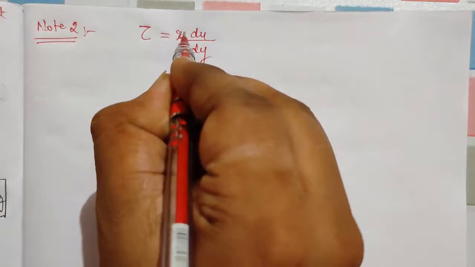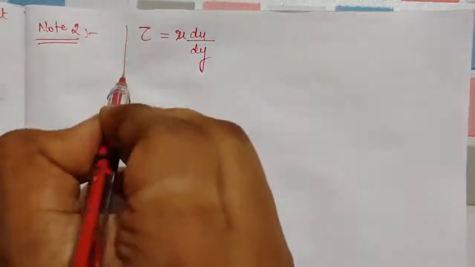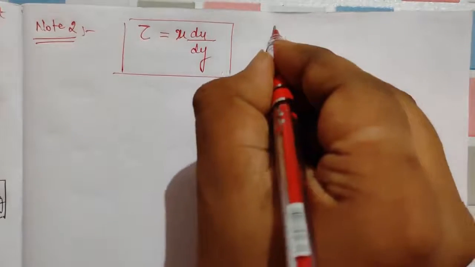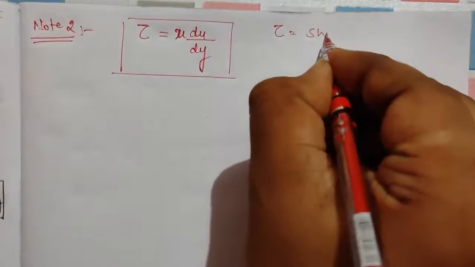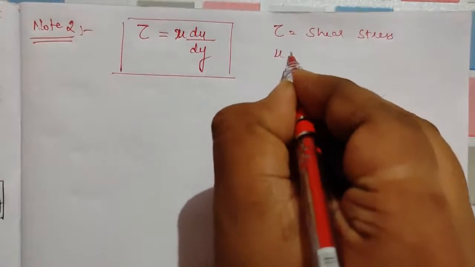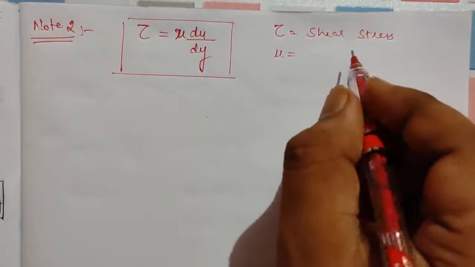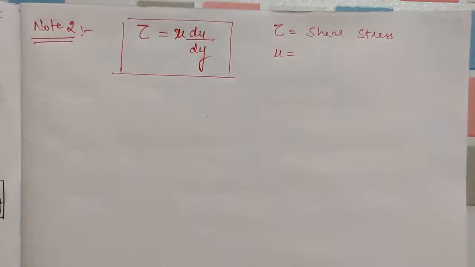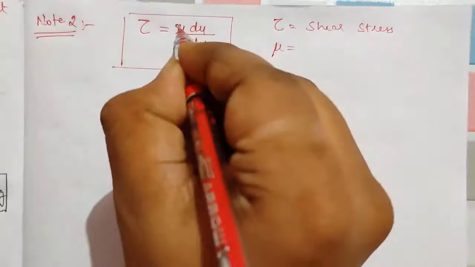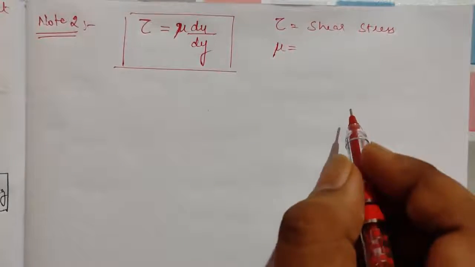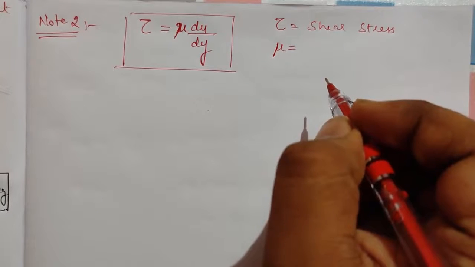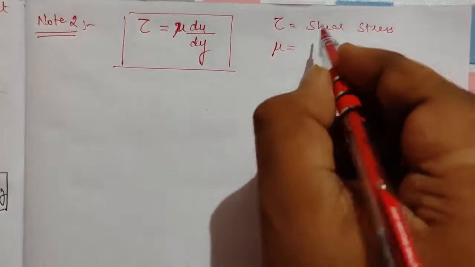Here tau is your shear stress, and mu is your coefficient of proportionality or coefficient of dynamic viscosity.